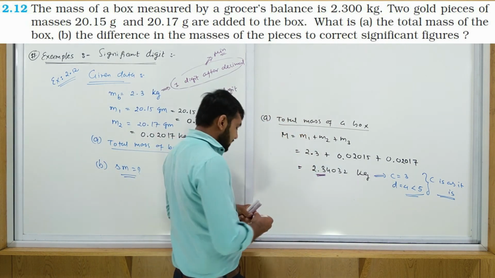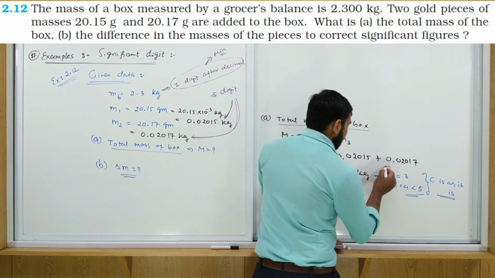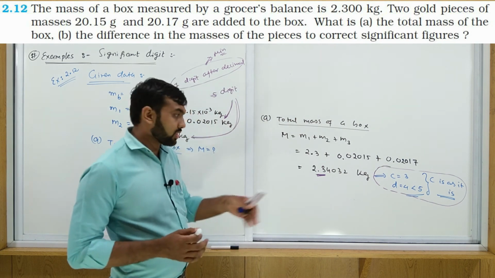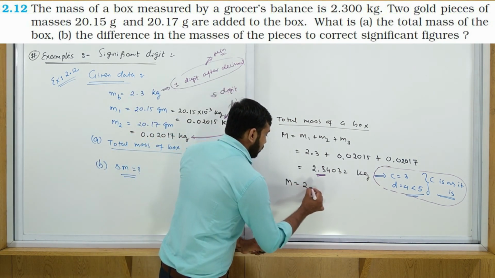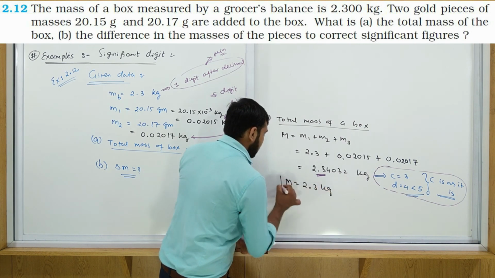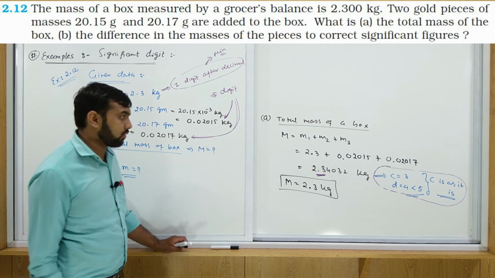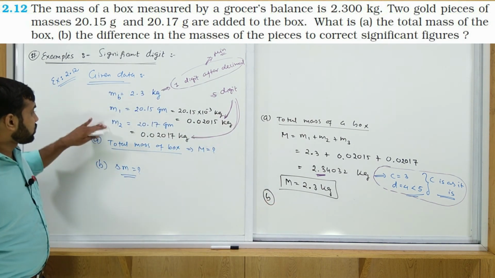So what is the final answer? You must write it like this. When you round off this number, you write the answer in this way. So M is equal to only 2.3 kg after rounding off.